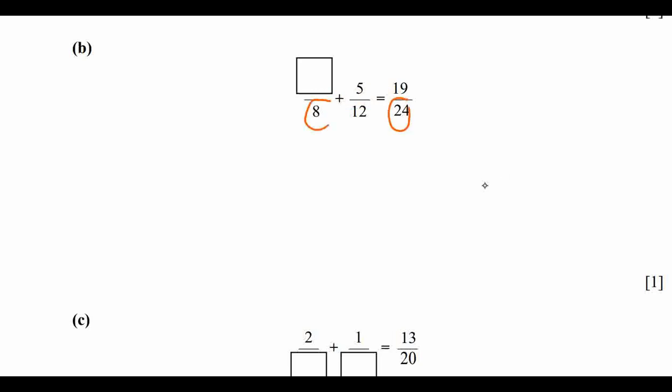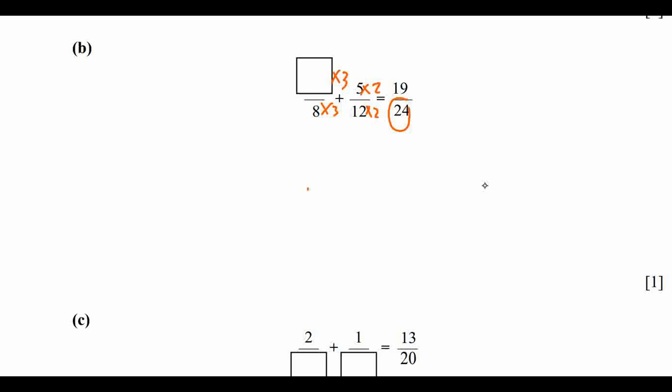This is 8, this is 12. So we convert everything to 24. To make 24, we have to times by 3, and it's a box times 3. And this 12 times 2 to get 24, and 5 times 2 as a result of that.